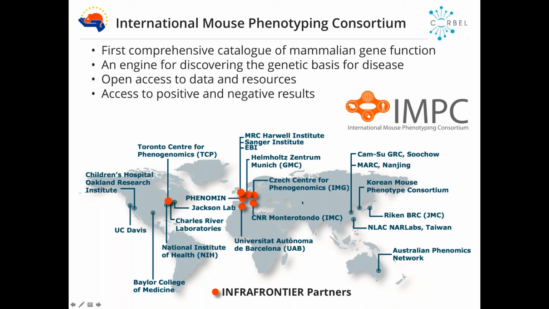This is done by comprehensively phenotyping knockout mice for each of the protein coding genes in the mammalian genome, and then providing open access to the data and to the resources that are created, including the mice, and access to positive and negative results. As you can see, the INFRAFRONTIER partners are more or less the European component of this international consortium.